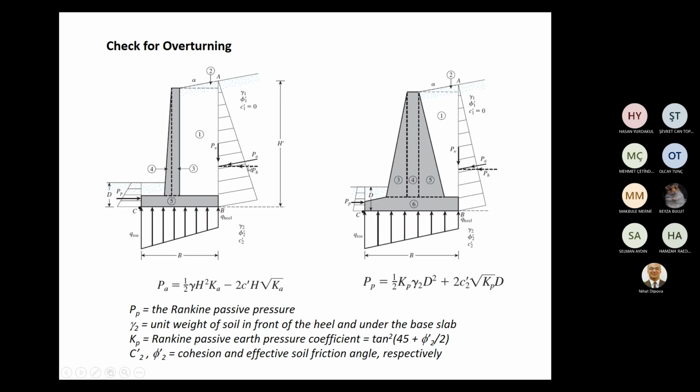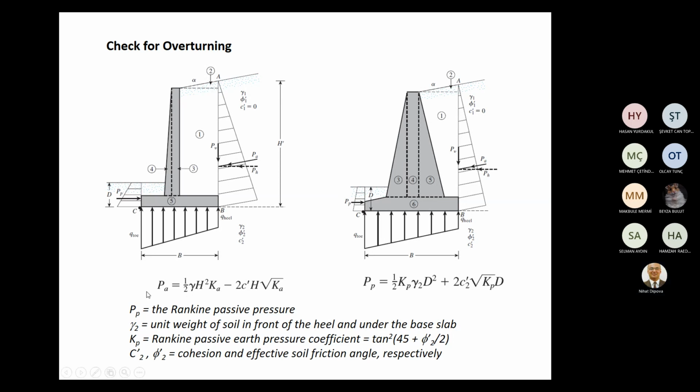But as you see in this figure, we have some resisting moments. They come from its own weight, the backfill weight, and even passive pressure, if it exists, in front of the wall. And the same principles apply for gravity or semi-gravity walls.